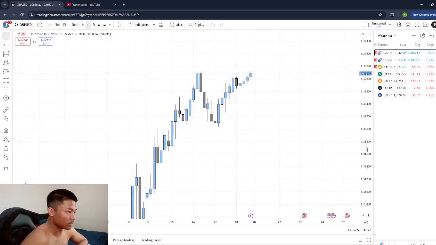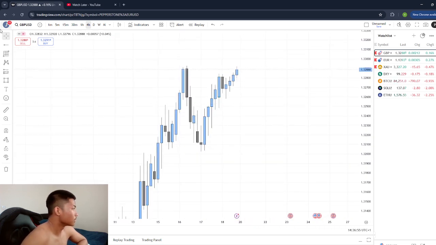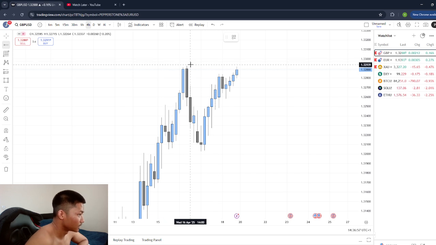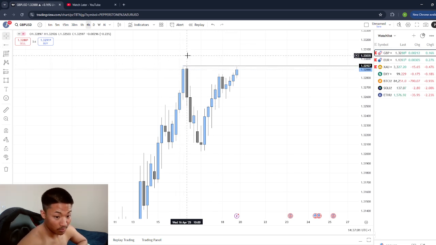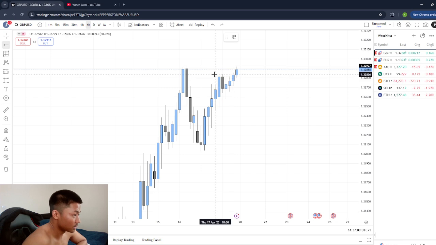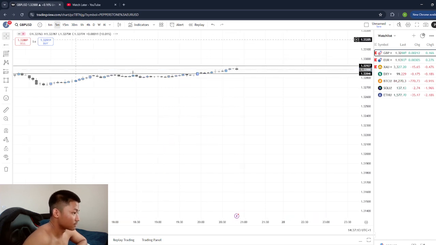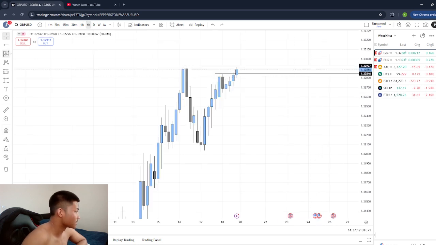All right, similar thing. We're going to mark out. So let's get ready for Monday. We got these highs up here. If we sweep them highs and see a reaction lower, we're probably going to find some sells. Because we've already swept this high here. There's 4-hour highs that don't have to be swing highs.